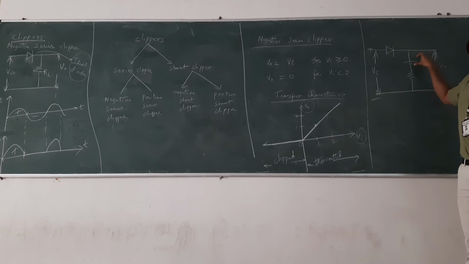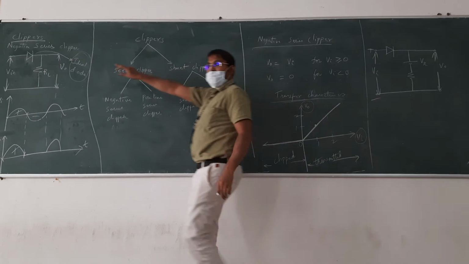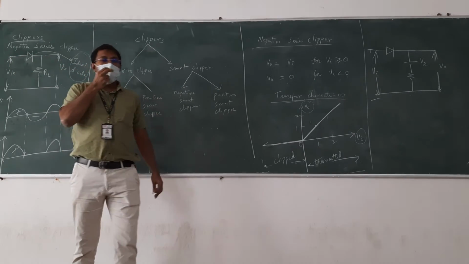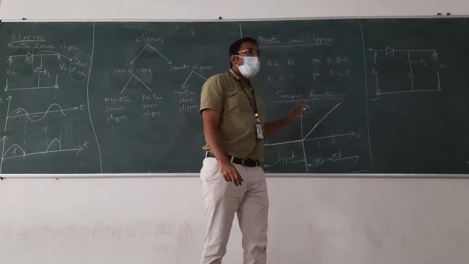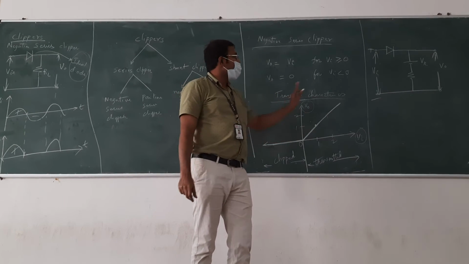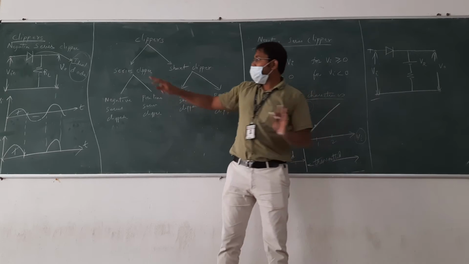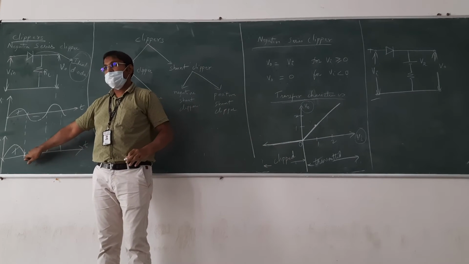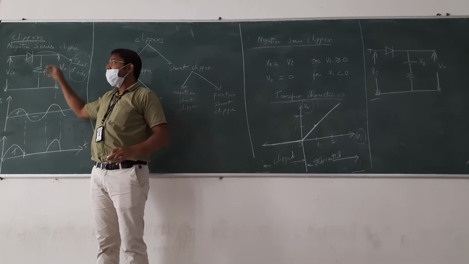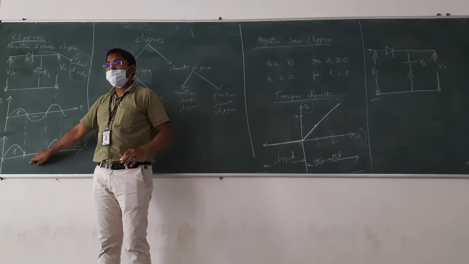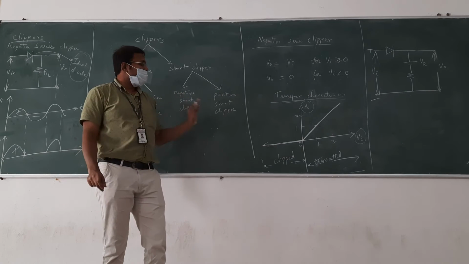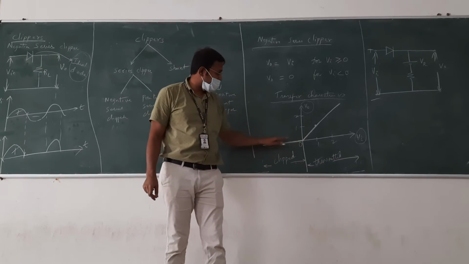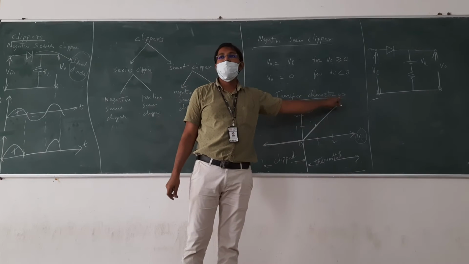If we put VR equal to 0, then the situation becomes the same as this. VR is 0, same as this, means the waveform is clipped at 0. When VR was 0, the characteristics started from 0.